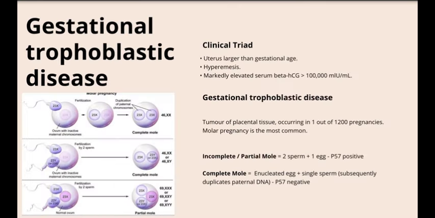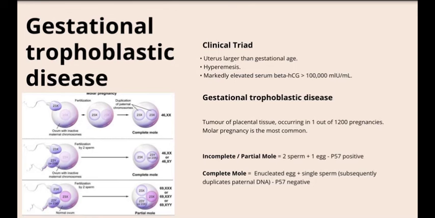So in this case, this is a gestational trophoblastic disease or a molar pregnancy. A gestational trophoblastic disease is when you have a tumor of the placental tissue, and it usually occurs 1 out of every 1,200 pregnancies, the most common being a molar pregnancy.